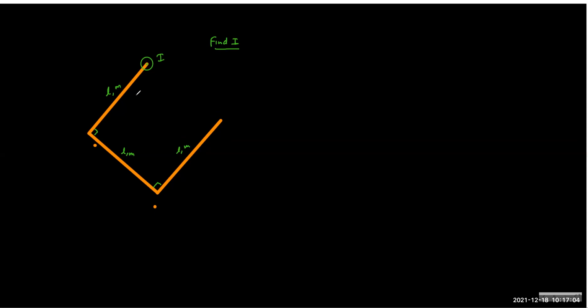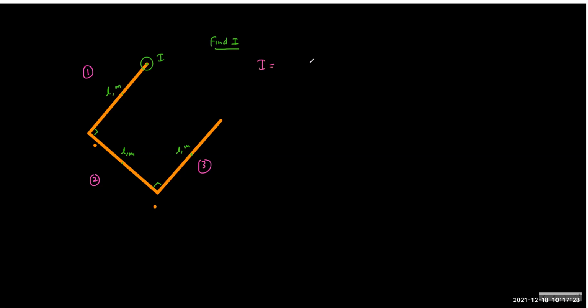So you have to apply the parallel axis theorem for each rod separately. You know the answer for the center of mass, and the answer is ML square by 12. If I name them rod number 1, rod number 2, rod number 3, how to write I?